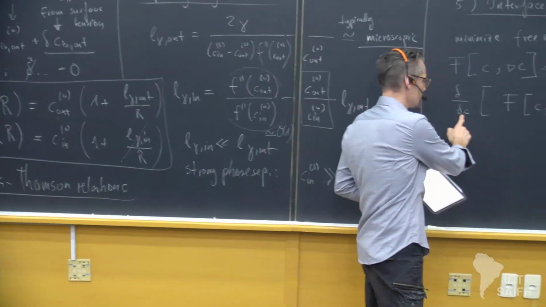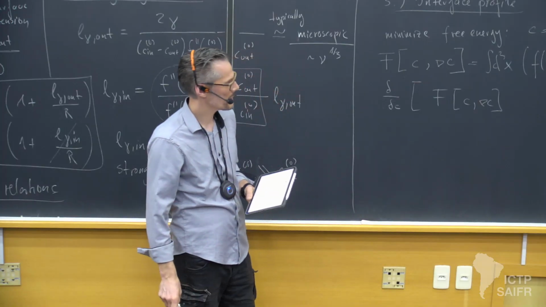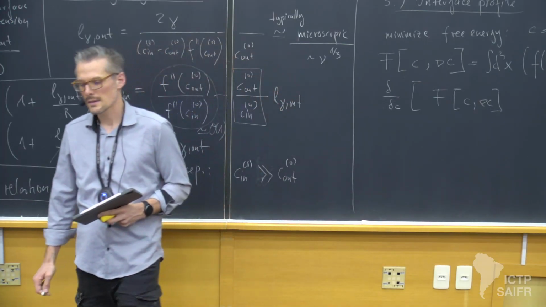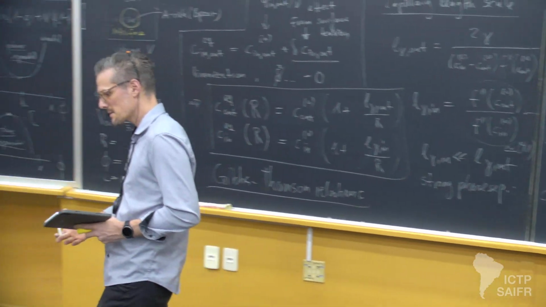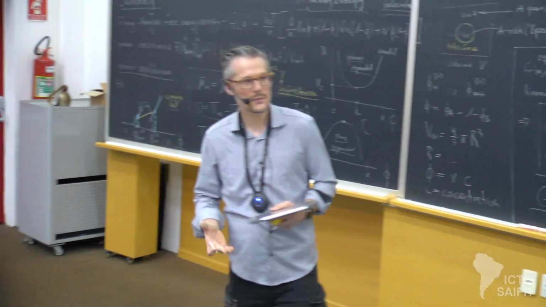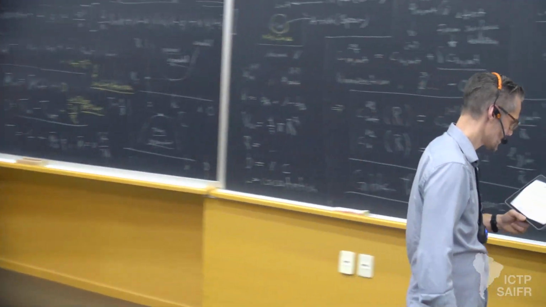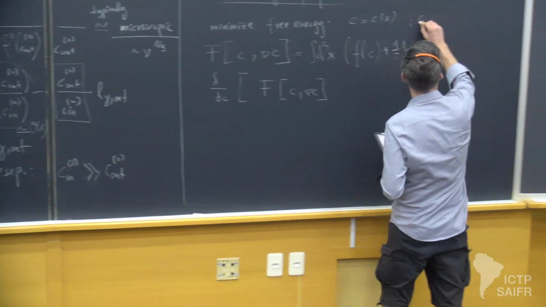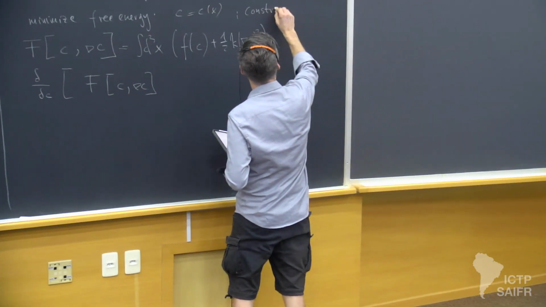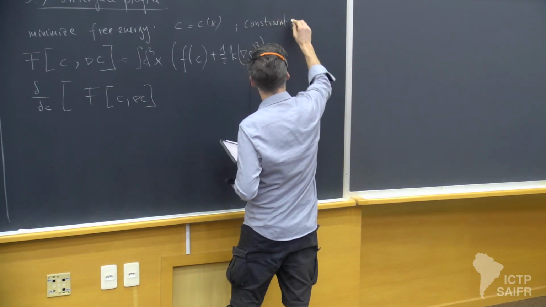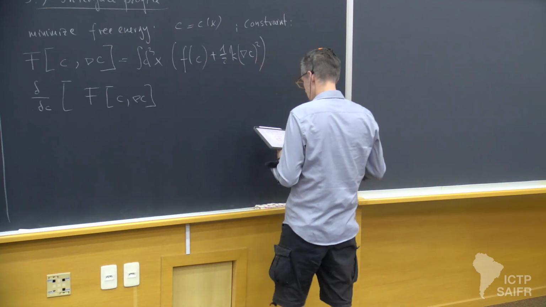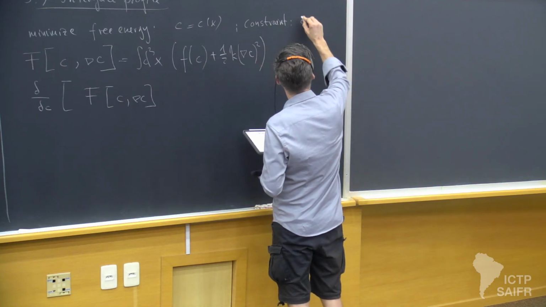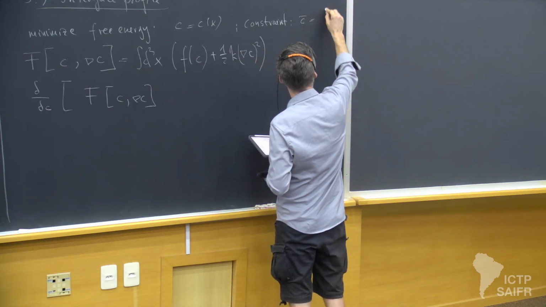And this functional derivative, I do not just minimize it, because if I minimize it, I get many solutions with different averages of the concentration. What I would like to maintain is a constraint. I call it C bar.